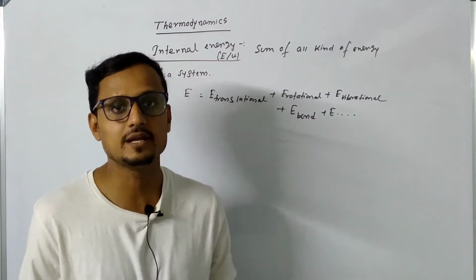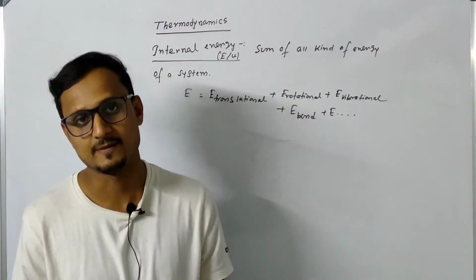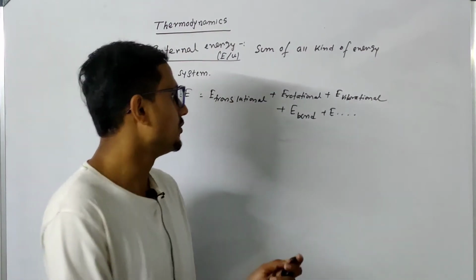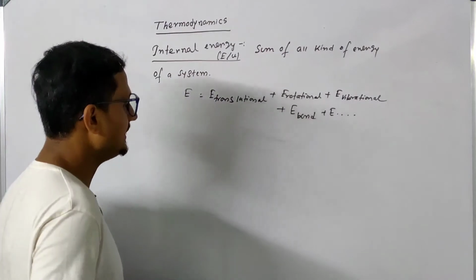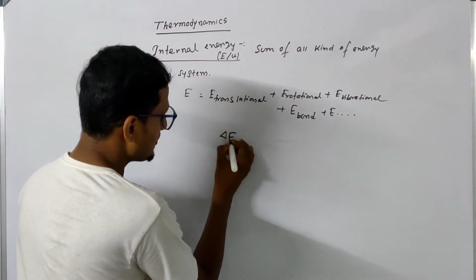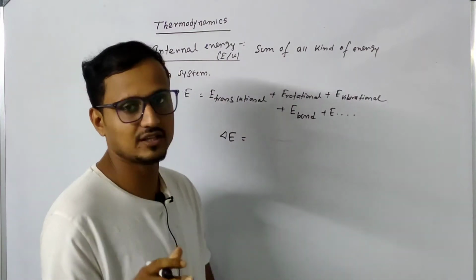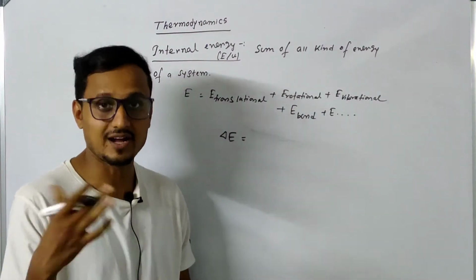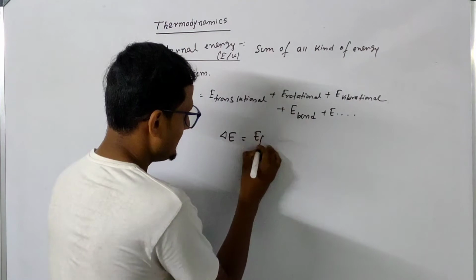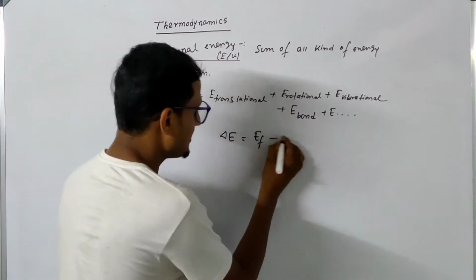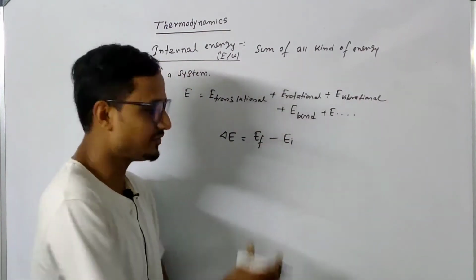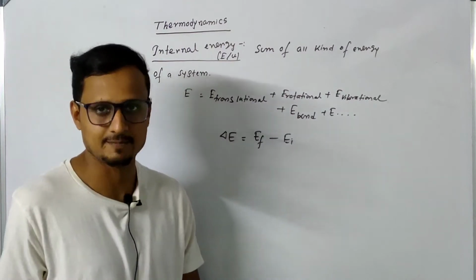If the internal energy in the final state is E_F and in the initial state is E_I, then the difference, delta E, we can calculate.